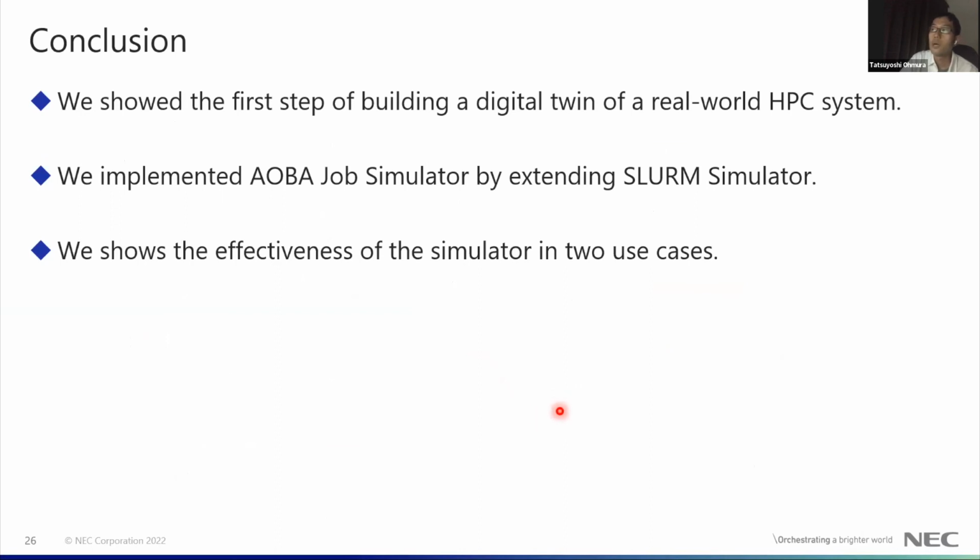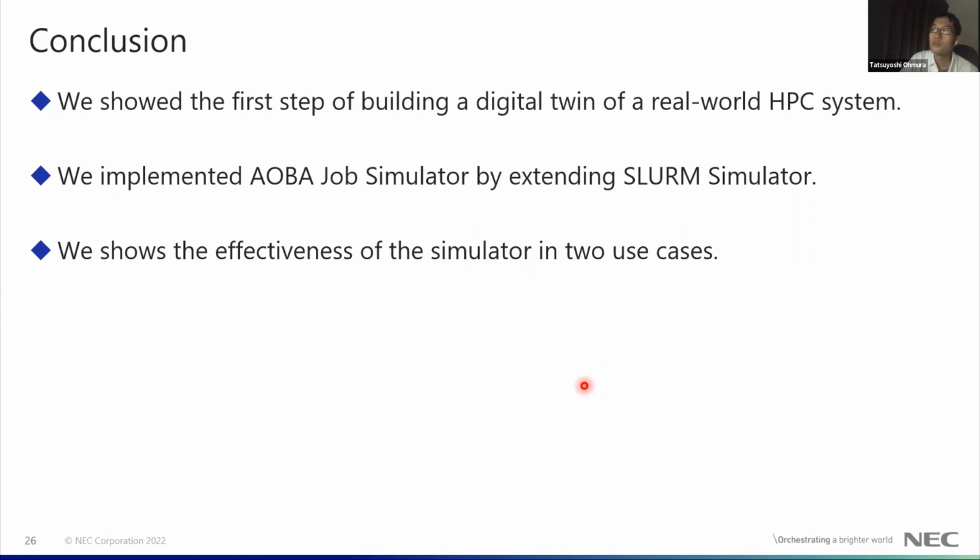Today, I have talked about our ongoing project to build a digital twin of a real-world HPC system. Toward building a digital twin, we developed a simulator to reproduce job scheduling of the AOBA system. We extended the SLAM simulator and showed the feasibility of simulating job scheduling of the AOBA system.